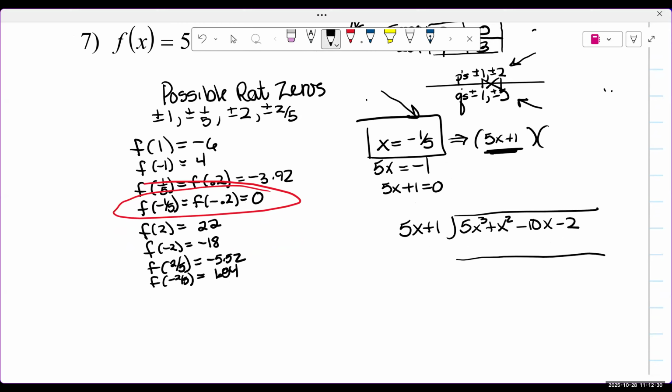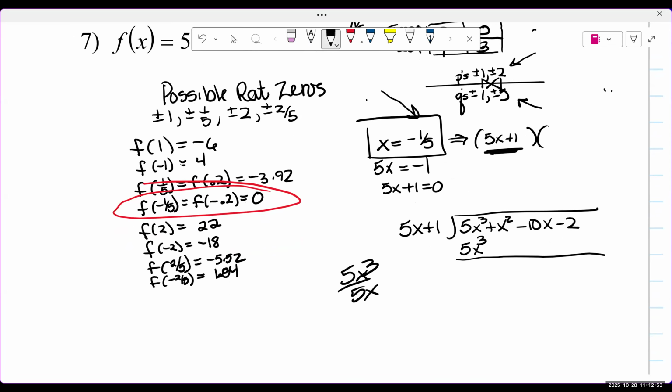Step 1, we're going to make it match. Just that first term. Okay, take 5x cubed, divide it by 5x. What needs to go here so that I could multiply by 5x to get 5x cubed?